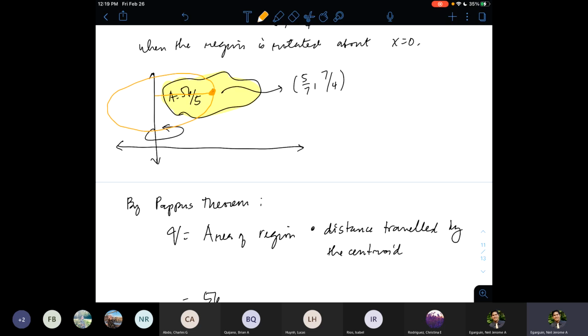That means the centroid will travel in three-dimensional space, but it will follow the path of a circle, right? So Pappus's theorem requires the area to be multiplied by the distance traveled by the centroid, and the centroid will travel along the circumference of the circle. And remember, the formula for the circumference of the circle is 2 pi times the radius. Okay. Can you guys tell me what is the radius of this circular path on which the centroid will travel?